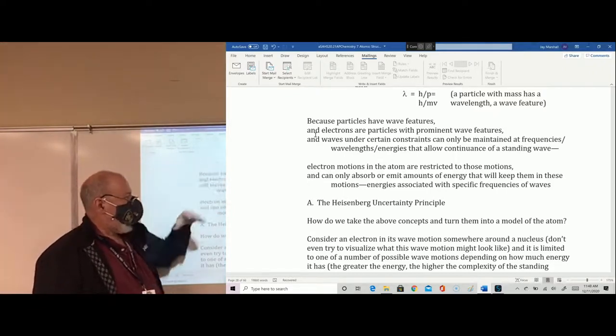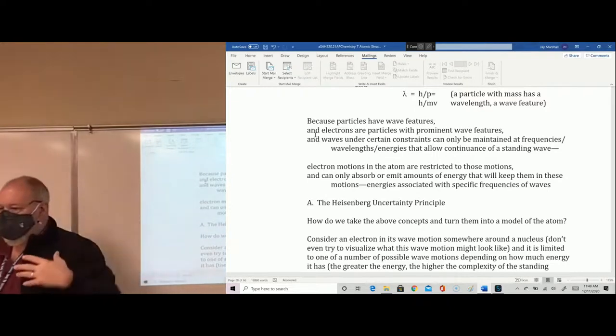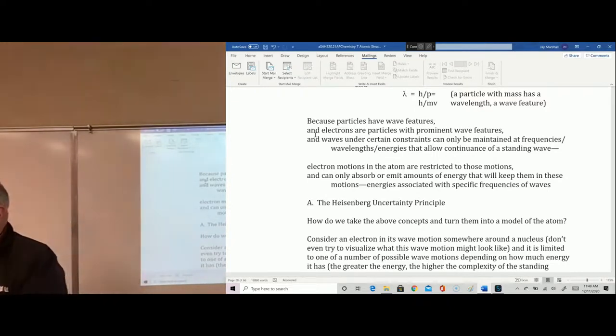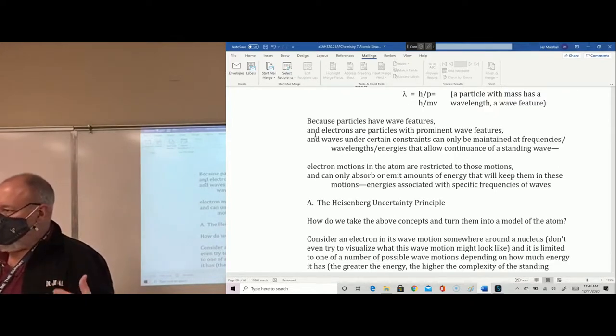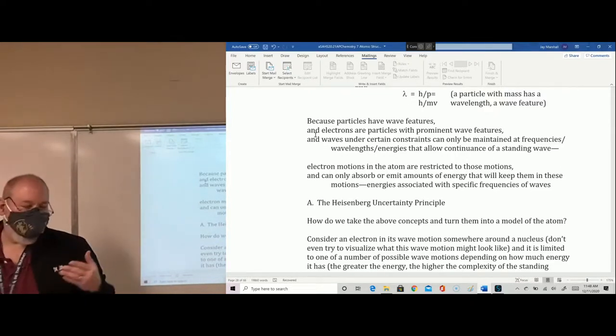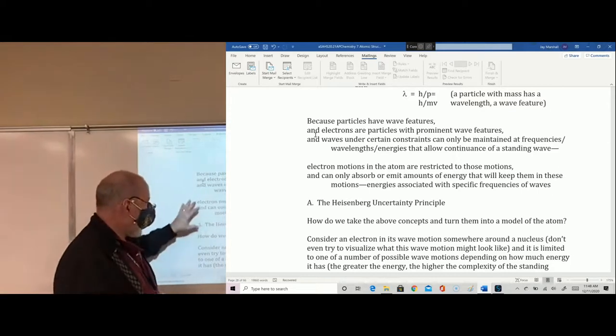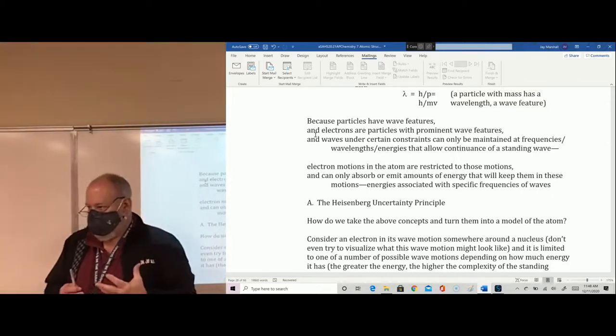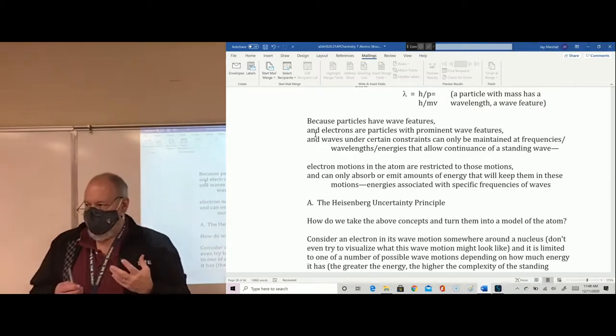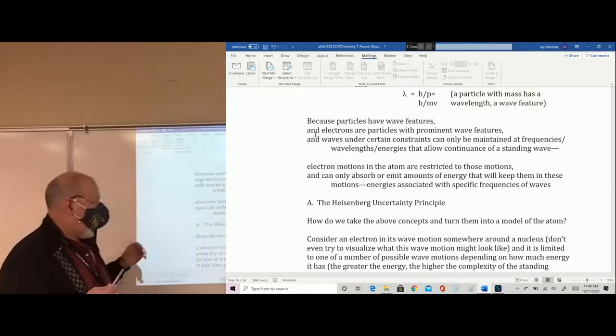Okay, our understanding of physics makes it so that we have to understand that the motion of an electron is that of a wave. We're not going to try and understand what this wave looks like because it would destroy our minds.